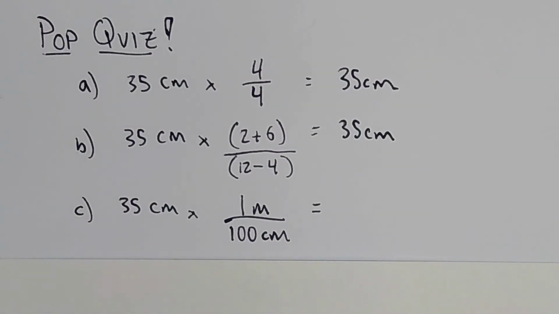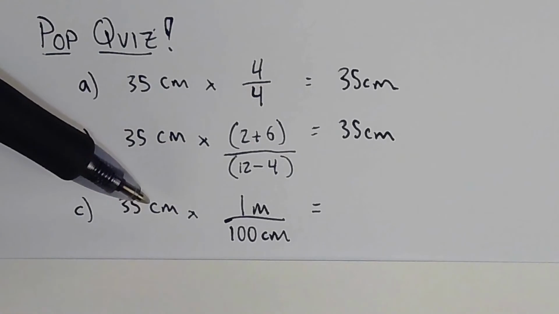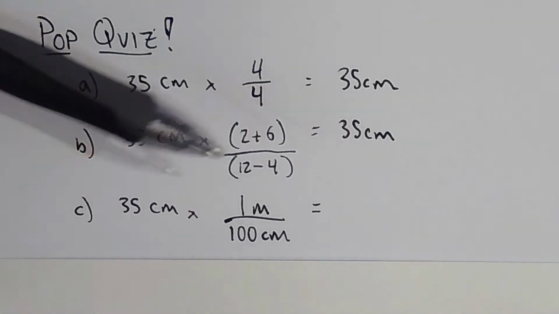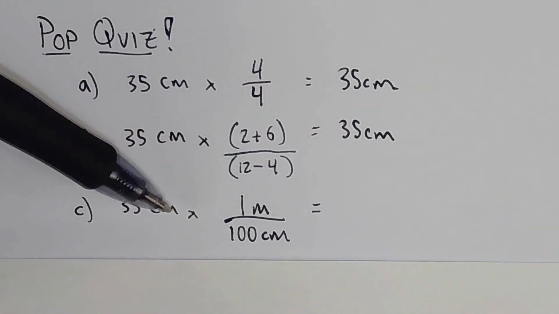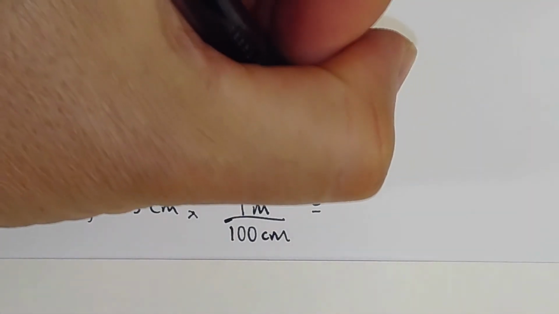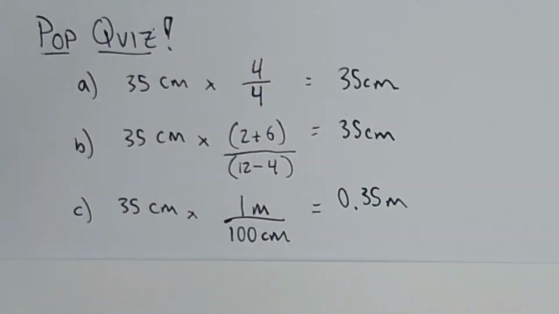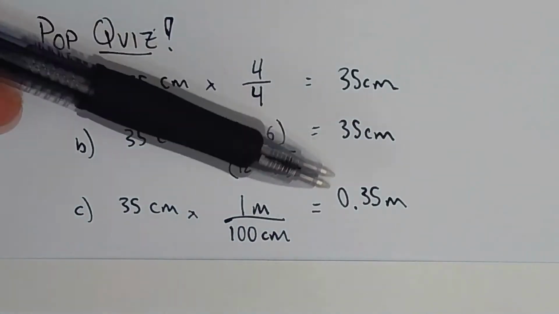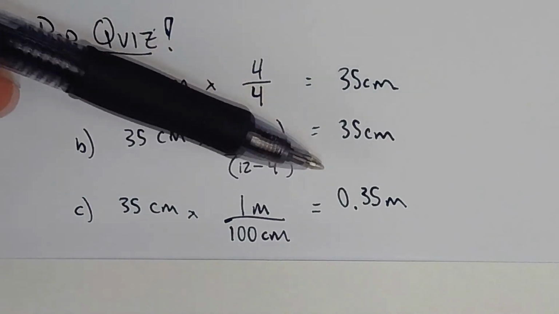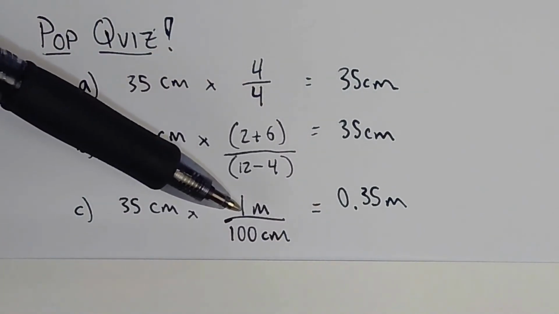And while that logic is sound, when we have it set up like this it is actually a unit conversion. So we're not going to end up with centimeters at the end, we're going to end up with meters, and it's actually going to be 35 divided by 100, which gets us 0.35 meters.